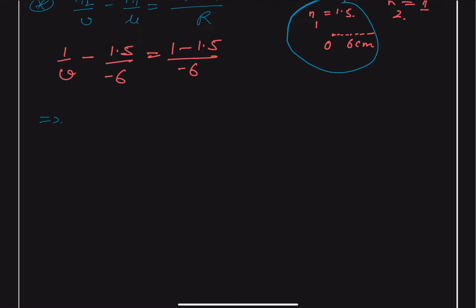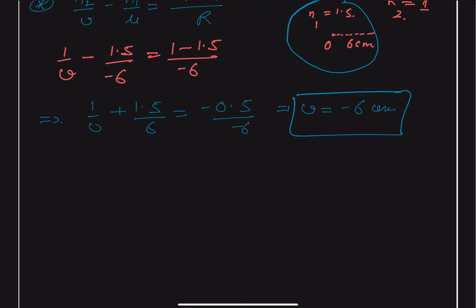We substitute the values. We can write it as 1 upon V plus 1.5 divided by 6 is equal to minus 0.5 divided by minus 6. So this gives that V will be equal to minus 6 centimeters.